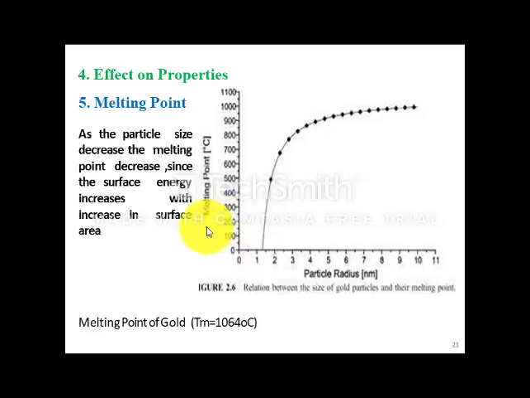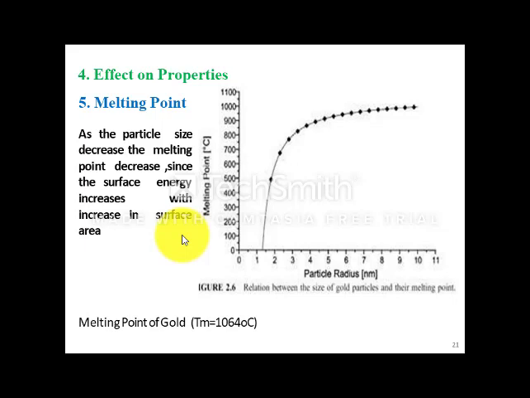Next one is the melting point. It is a general physical property, and melting point is measured by using a melting point apparatus for certain particles. It has been observed that as the particle size decreases, the melting point decreases. It is because the surface energy increases with increase in surface area.